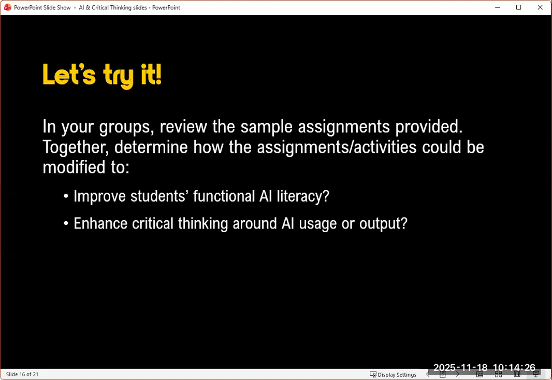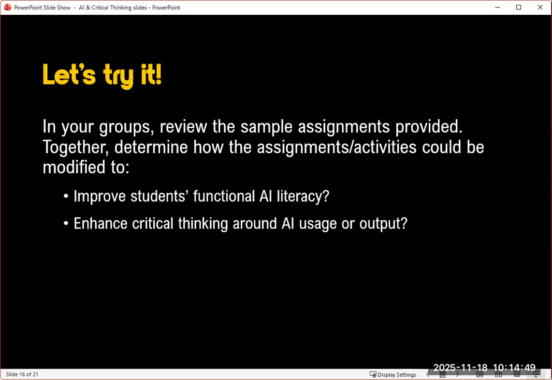And on the handout are also included the components of the practical inquiry model and the HHAIR model that we discussed. So if you want to use those as a framework to help you with the redesign, that would be great. So let's take about 10 minutes to do this in our breakout groups, and there are 5 of them.